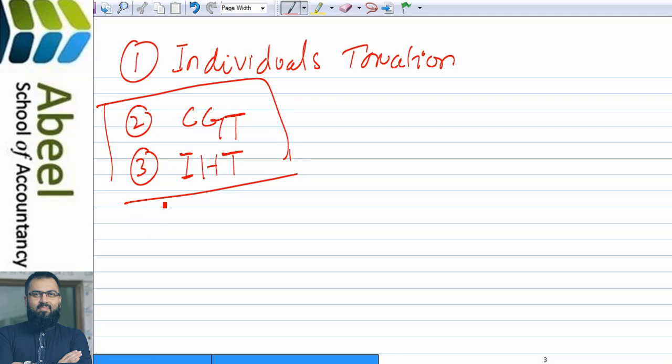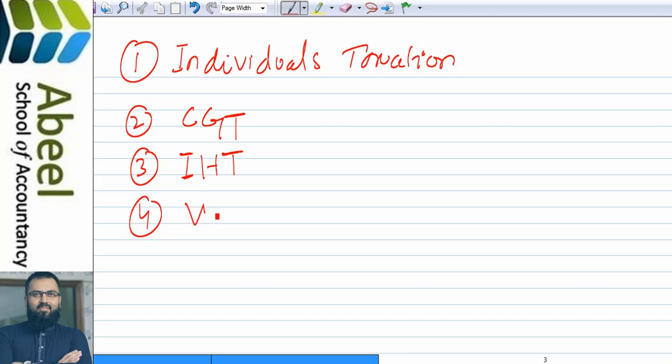So we'll be studying both of them, inshallah. In fact, when it comes to capital gain tax, we'll be studying it in two different ways. First, CGT from the individual perspective. Later on, inshallah, we are going to study CGT from the company's perspective also. But obviously, IHT only belongs to individuals. Organizations cannot have IHT.